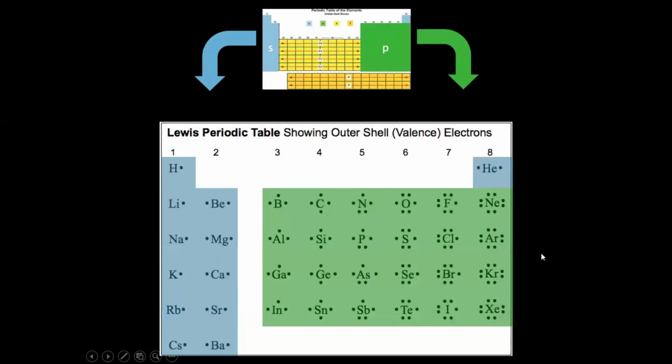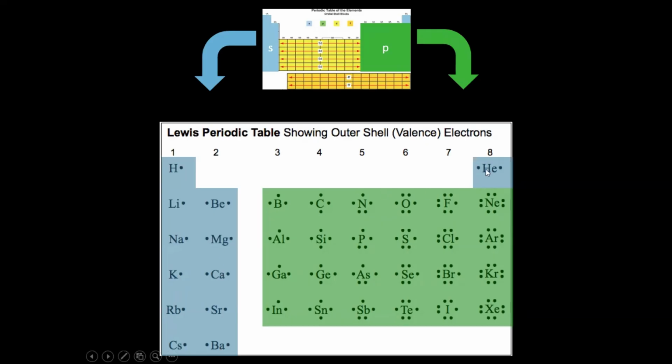All right, so here is the periodic chart, and the blue regions, including helium over here, are the s orbitals, and the green have the p orbitals. So if they've only got 1 or 2 electrons in an s orbital, so the 1s, 2s, 3s, 4s, 5s, 6s, then it has 1 or 2 dots.